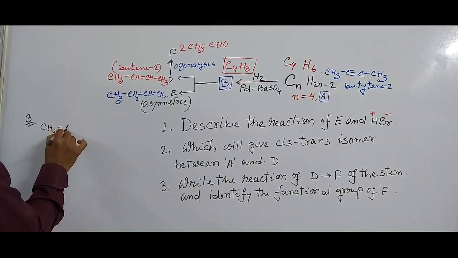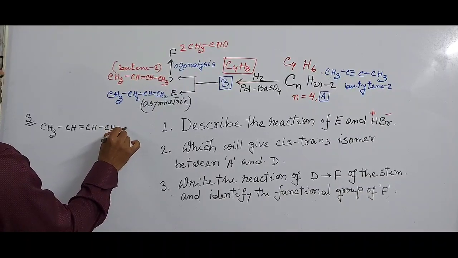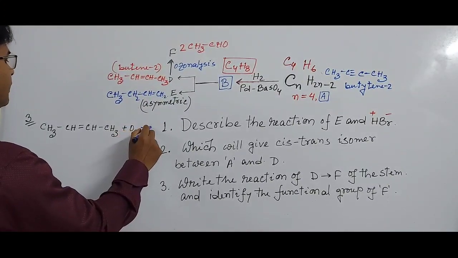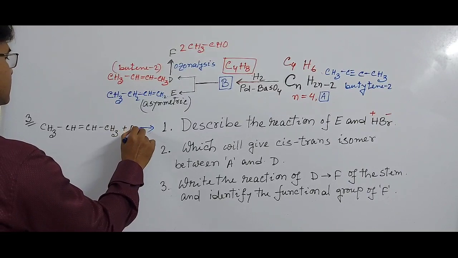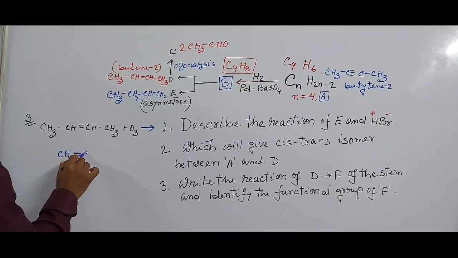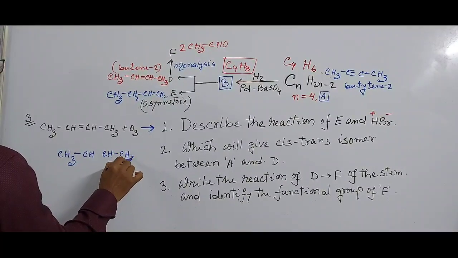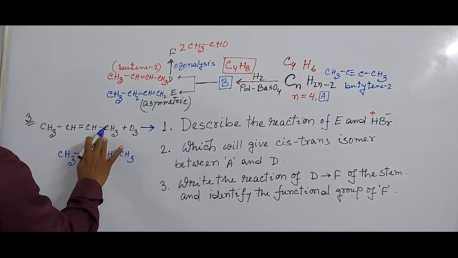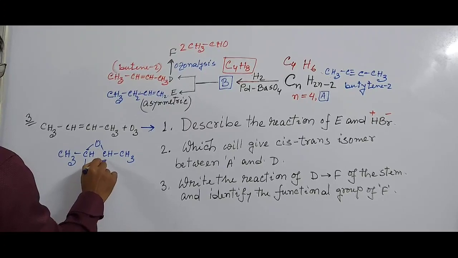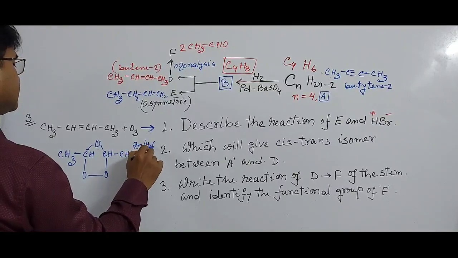CH3-CH=CH-CH3 plus ozone. Then this ozone molecule, actually 3 oxygen atoms, will attach with the 2 carbon atoms, and with zinc it undergoes hydrolysis.